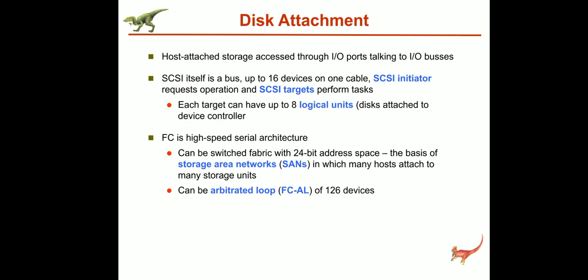This SCSI protocol consists of total 16 devices on the bus, and in that 16 devices, one is the controller card, which is also called SCSI initiator, and remaining 15 are storage devices, which are also called SCSI targets.